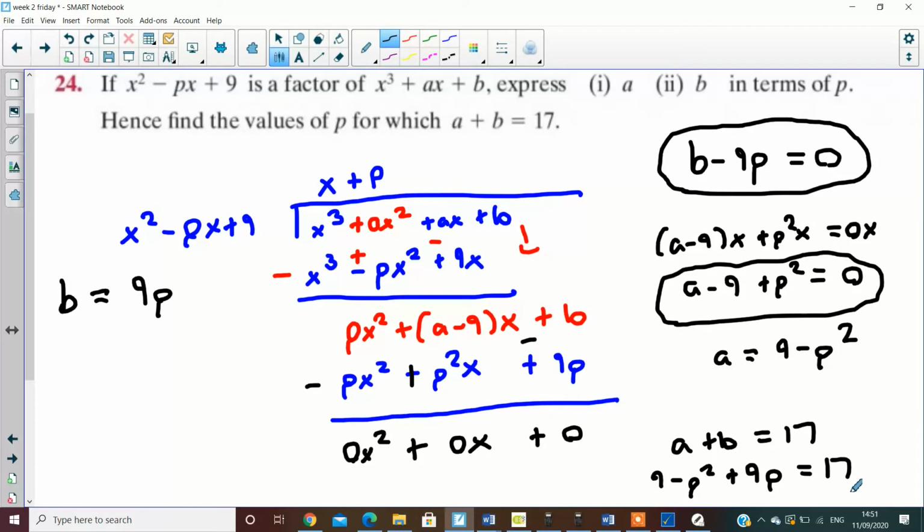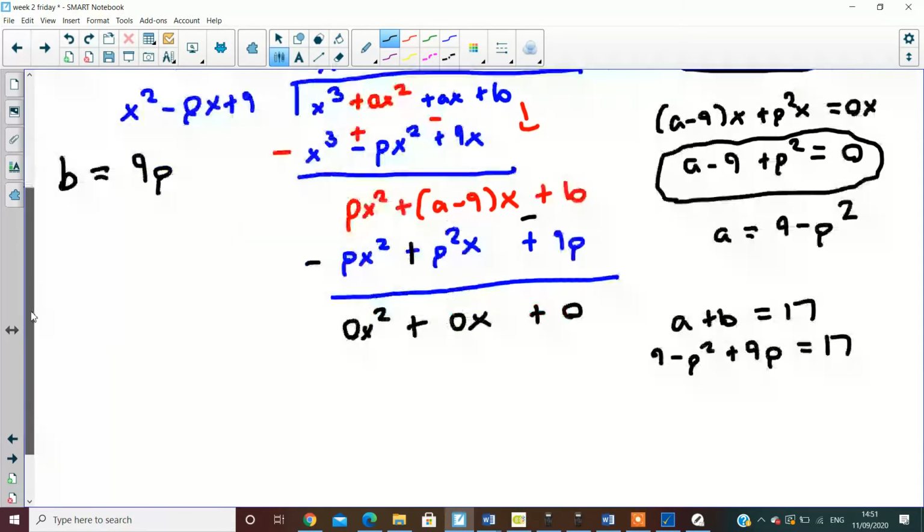Now we have a quadratic equation. It says values, plural, means there's going to be two values, or more. So we know we're in the right place now. So bring the 17 over the other side, you get minus p squared plus 9p. 9 take away 17 is minus 8. Multiply both sides by minus.